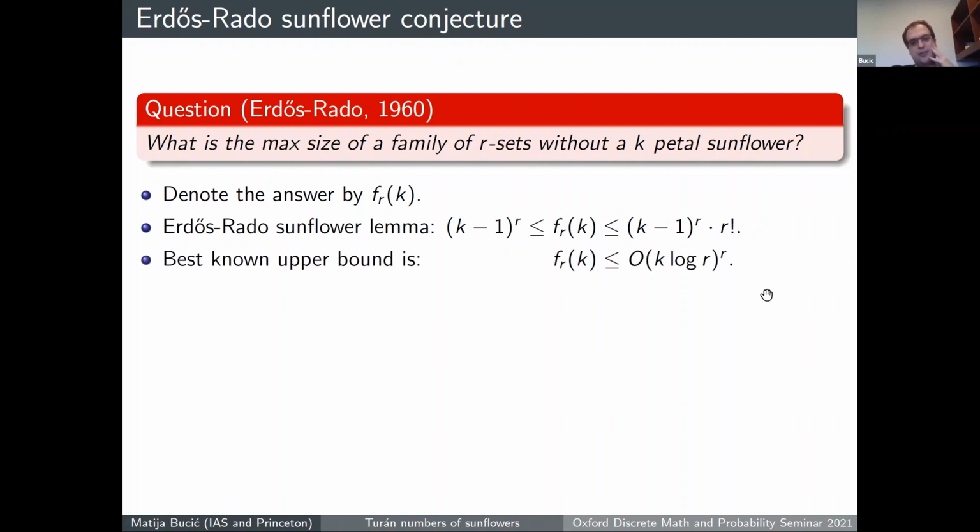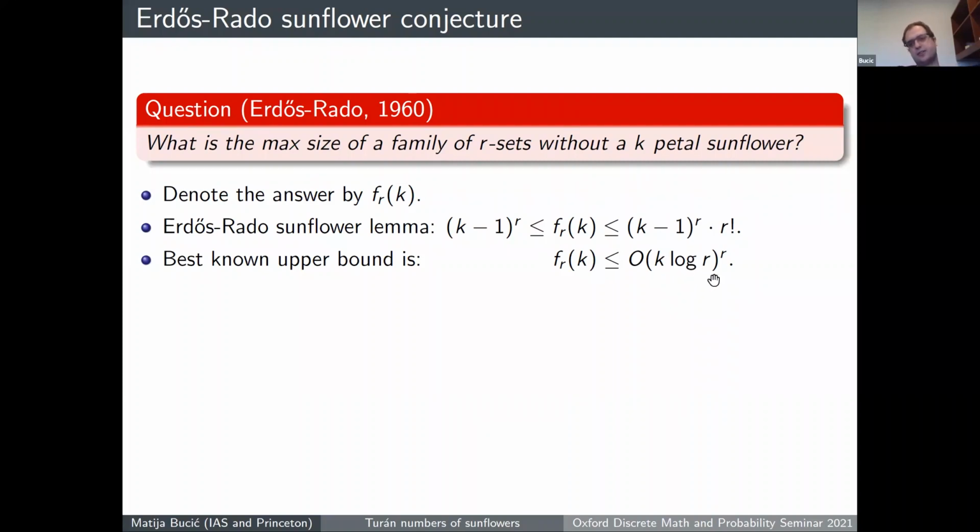And then a couple of years ago, there was a major breakthrough due to Alweiss, Lovett, Wu, and Zhang, who managed to greatly improve this upper bound. They originally got a bit weaker bound than what I stated here, but then there were a couple of papers optimizing their approach. So Rao got this dependency on r that I stated here.